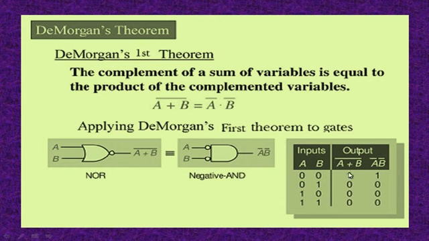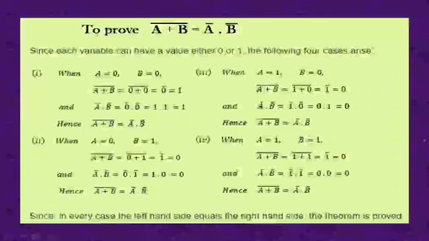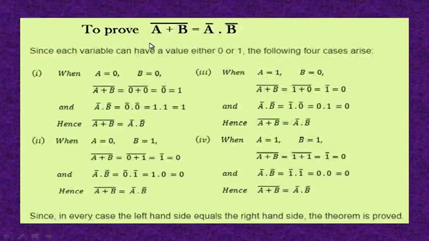Let's see the proof of De Morgan's first theorem. Now to prove De Morgan's first theorem, this is LHS, A plus B complement, equal to RHS, A complement dot B complement.